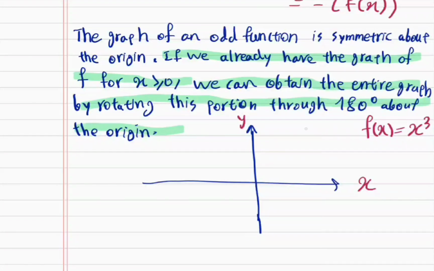This is the cubic graph. So again, let's take the same approach. So we know that this is the shape of a cubic graph, but let's just pretend that we don't know this negative portion of that. So let's say we only know this bit of the graph.